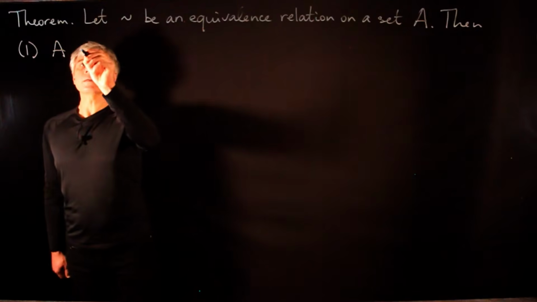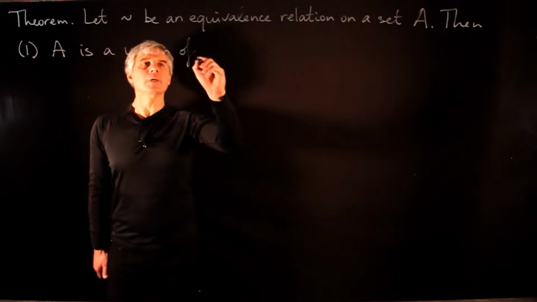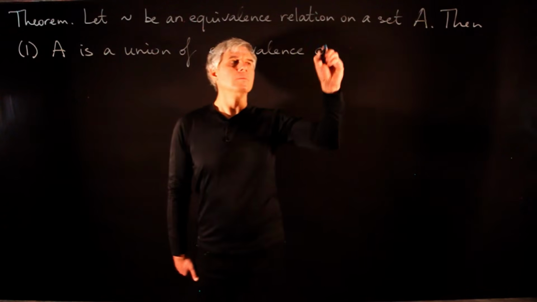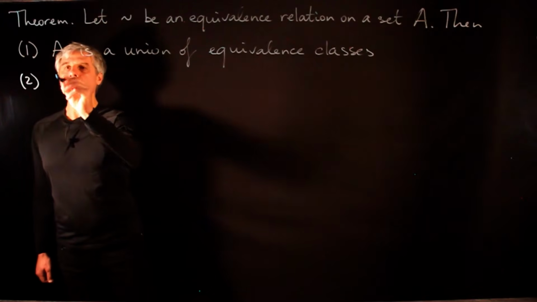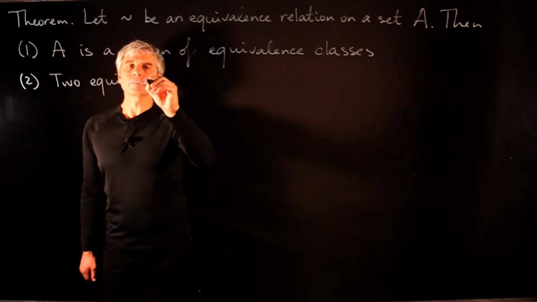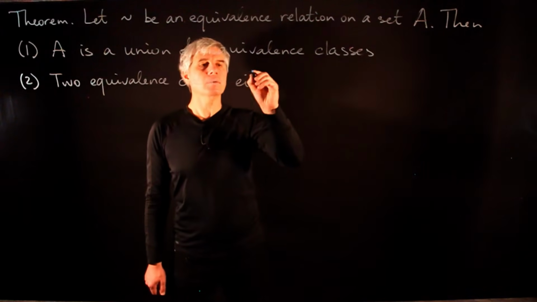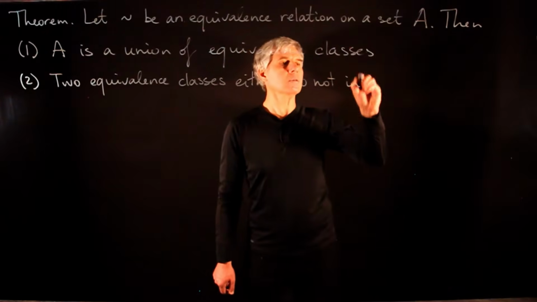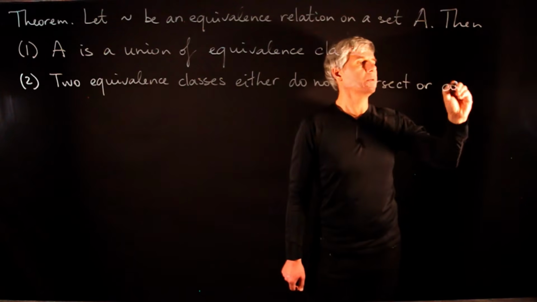A is a union of equivalence classes. And 2. two equivalence classes either do not intersect or coincide.